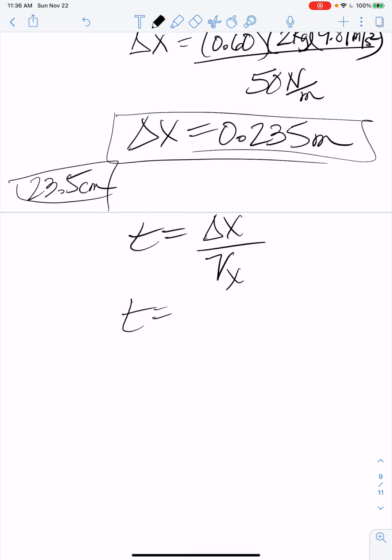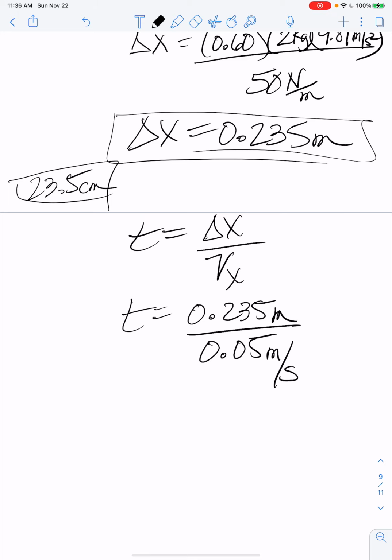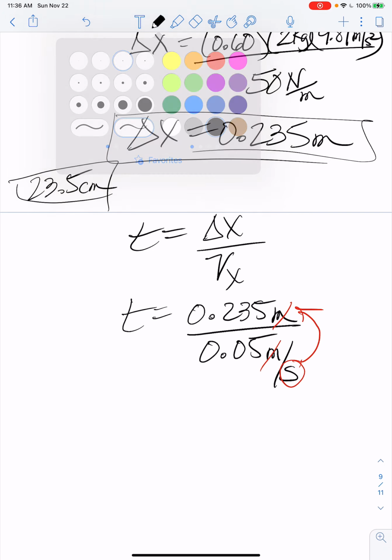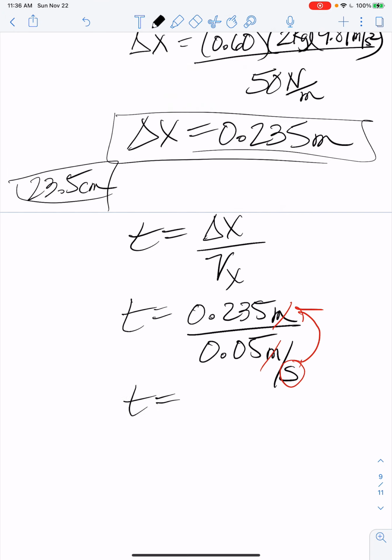All right, so delta x is 0.235 meters divided by vx, which was 5 centimeters per second, so 0.05 meters per second. Cancel off your meters. Seconds floats up to the top because you're multiplying by the reciprocal. And you end up getting what here? I think this is 4.7. Better check.